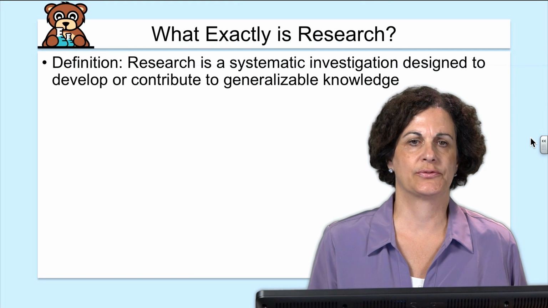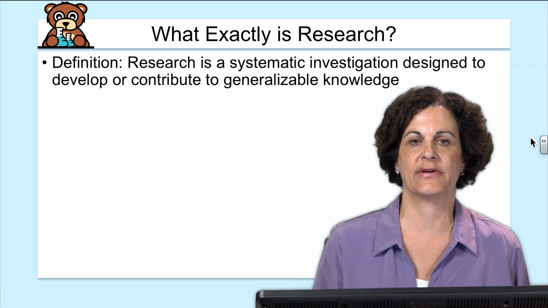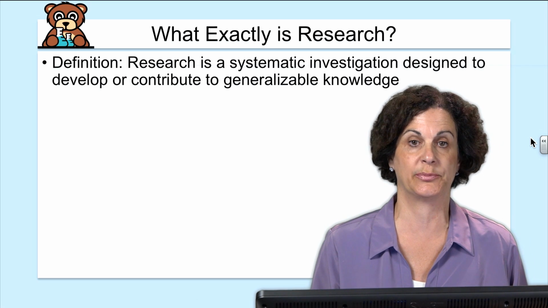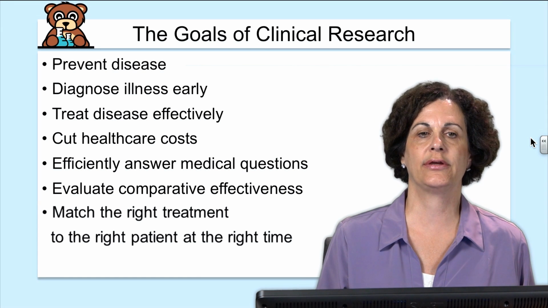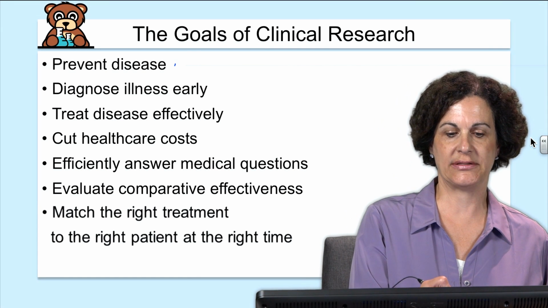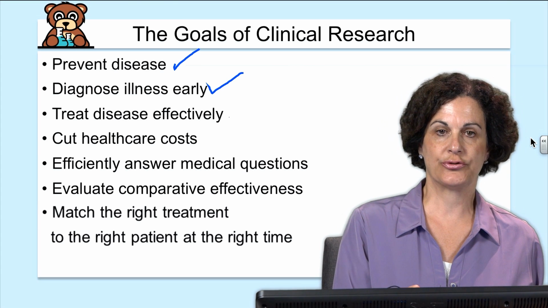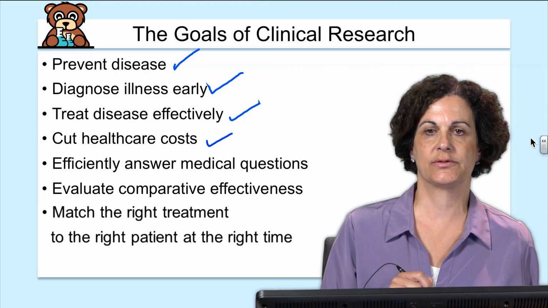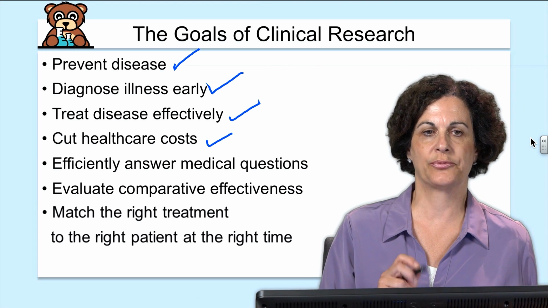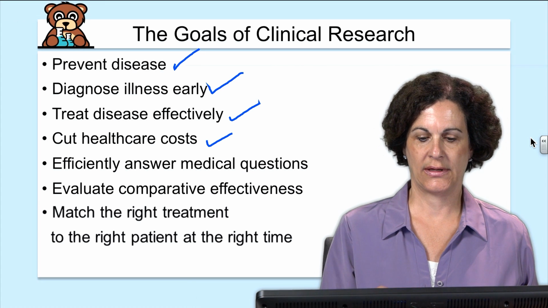What exactly is research? The definition of research is that research is a systematic investigation designed to develop or contribute to generalizable knowledge. And the goals of clinical research are even more so. It helps to prevent disease, to help us diagnose illness early, to treat disease effectively, to help us cut healthcare costs when we know what drug is right for each patient in their course of the disease.